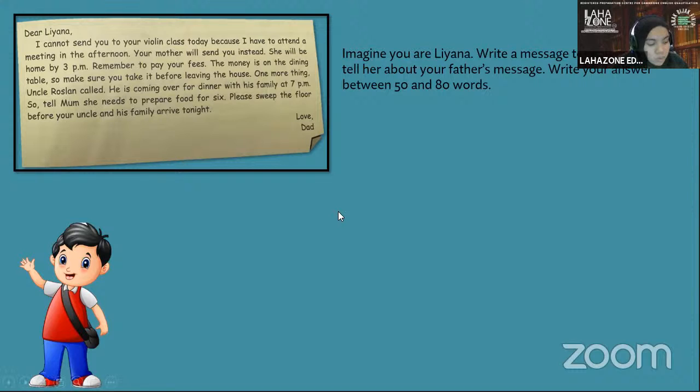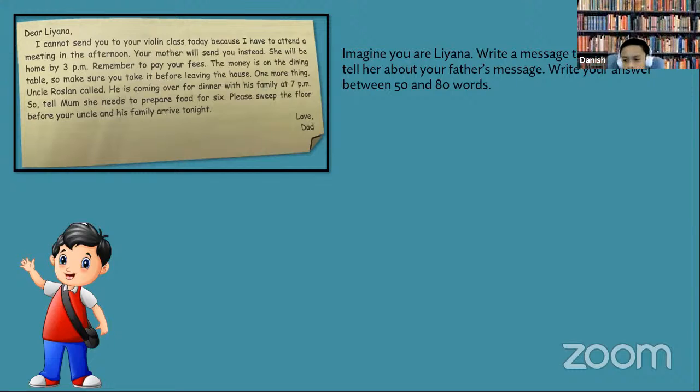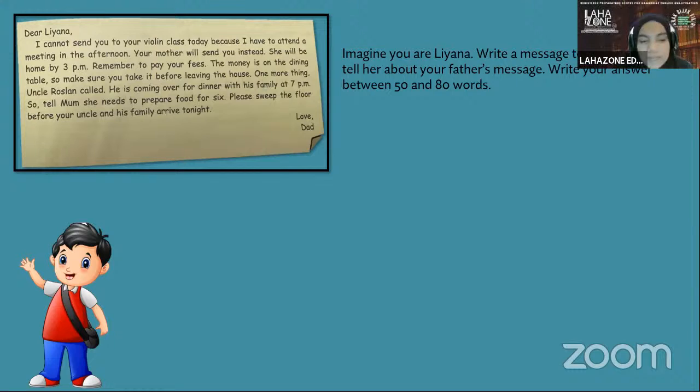Imagine you are Liana and you have to write a message to your mother to tell her about your father's message. Okay, sekarang I would like to ask you, Danish. Do you understand the question or the task?